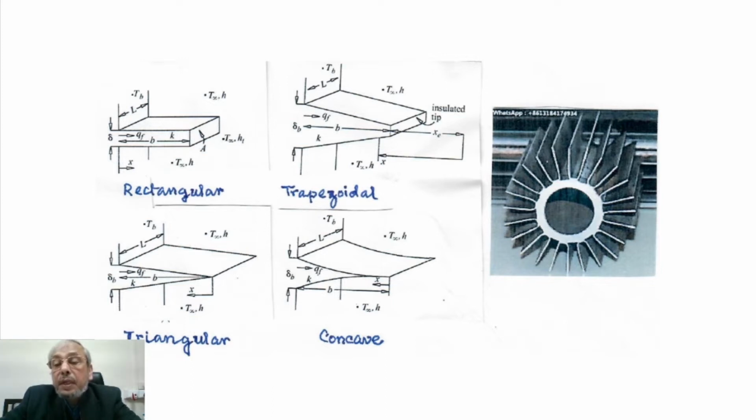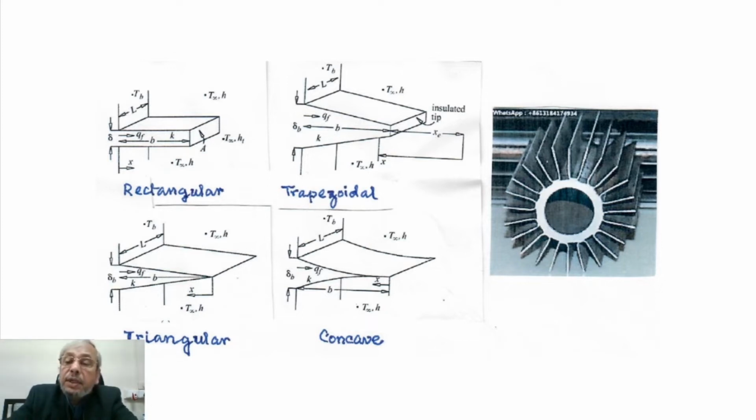Typically, one fin I have shown from some industrial usage. You can see how the fins are sometimes fixed on the outer surface to enhance the heat transfer from the fluid which will be flowing inside the tube.